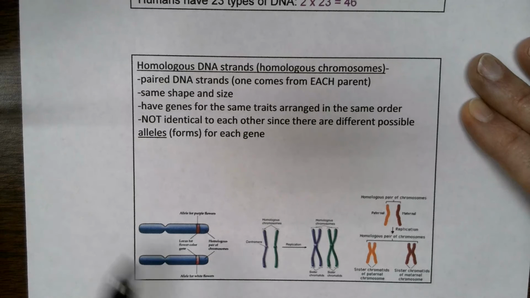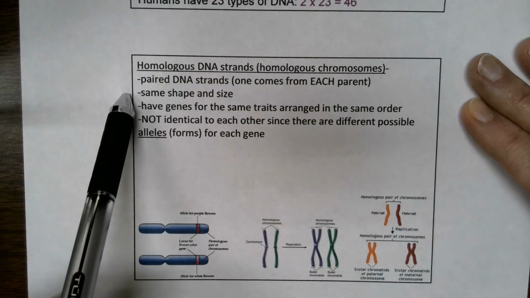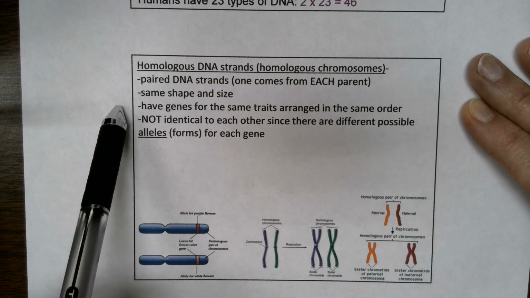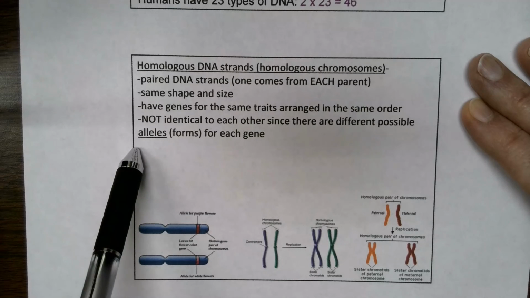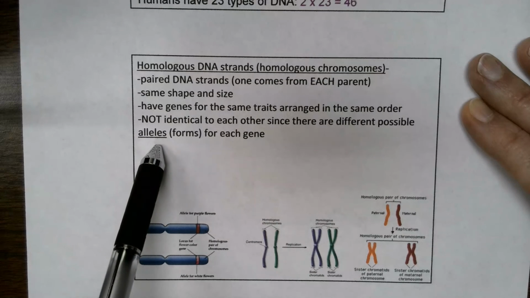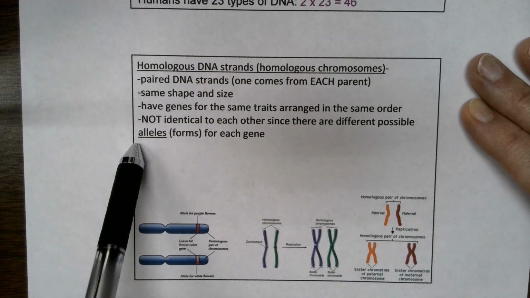Homologous chromosomes are paired, they're the same shape and size, they have the same genes for the same traits arranged in the same location or same order, but they are not identical to each other. That's because they may have different possible alleles or forms for the gene. We're not really ready for that term yet, but just know that that's coming.